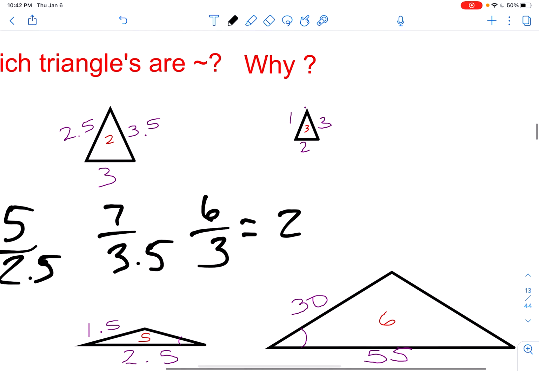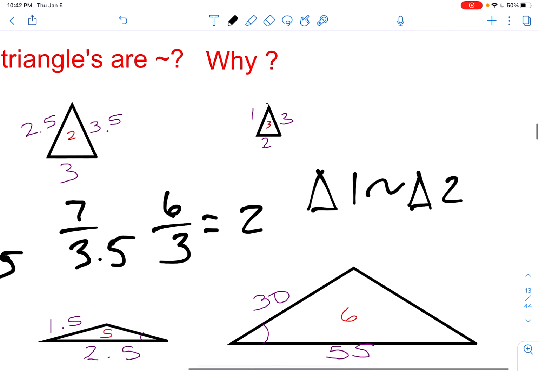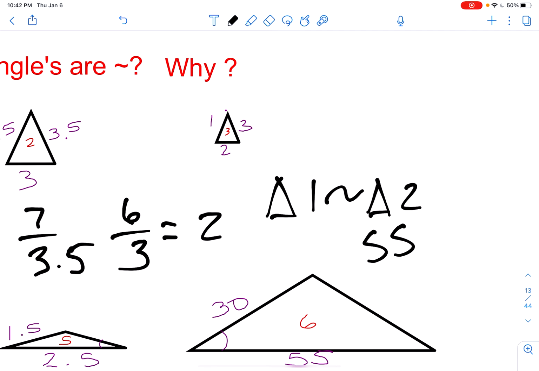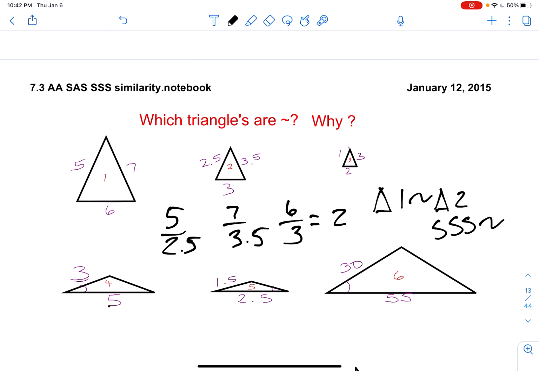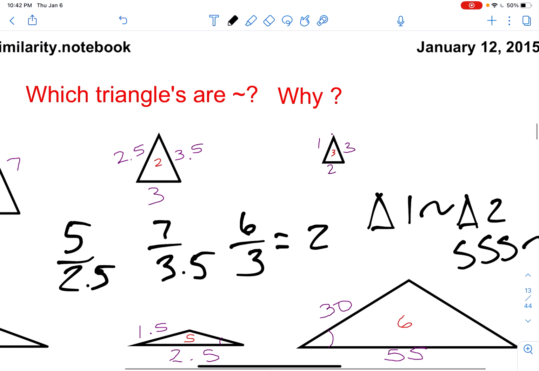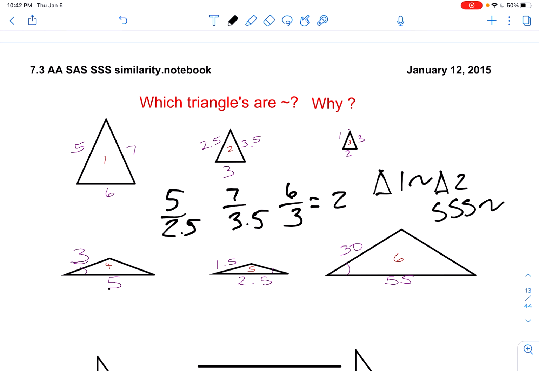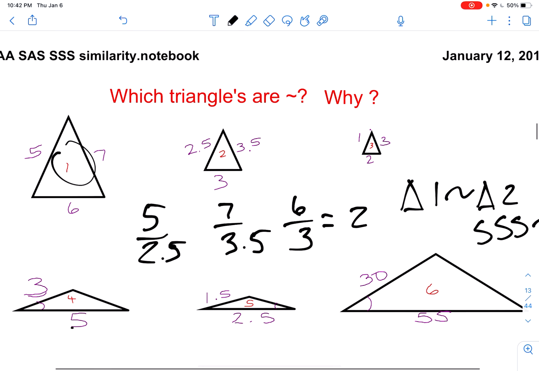Therefore, triangle 1 is similar to triangle 2 by side, side, side similarity. 2 and 3 are not similar because 2.5 to 1 is not the same thing as 3.5 divided by 3. And same thing for why 1 and 3 doesn't work, because 5 divided by 1 is not the same thing as 7 divided by 3.